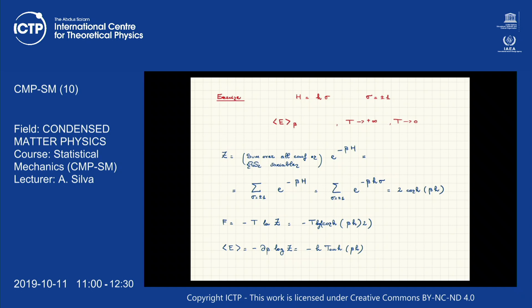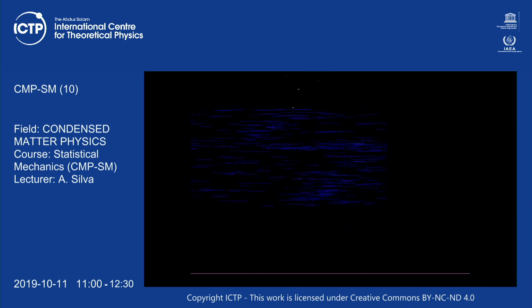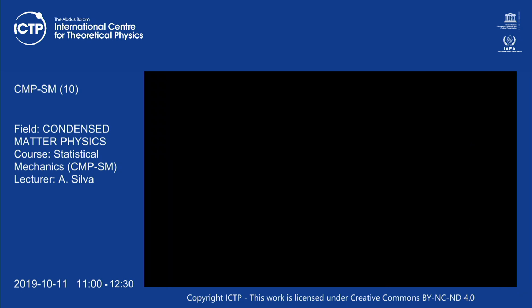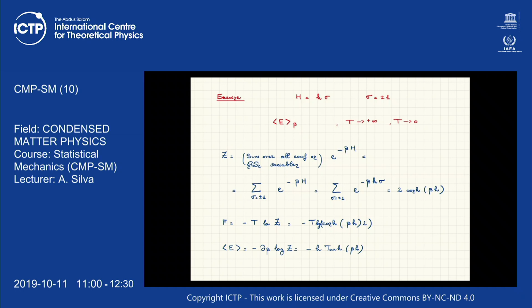If the temperature is infinite, the probability of particles being at +1 and -1 is the same, so the energy is 0. At temperature equal to 0, the minimum energy state is sigma equal to -1, and the energy is -h.